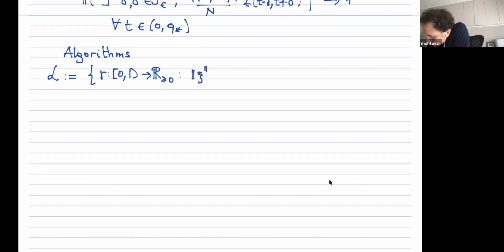Xi second times gamma has total variation over the interval 0 to t that is finite for any t.